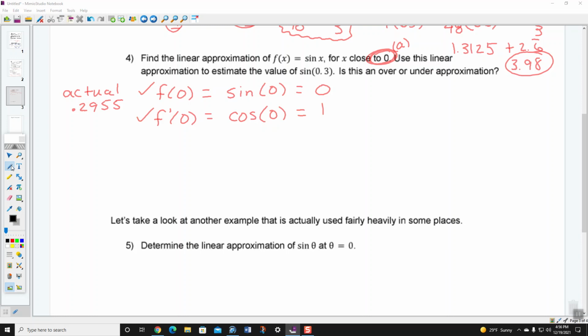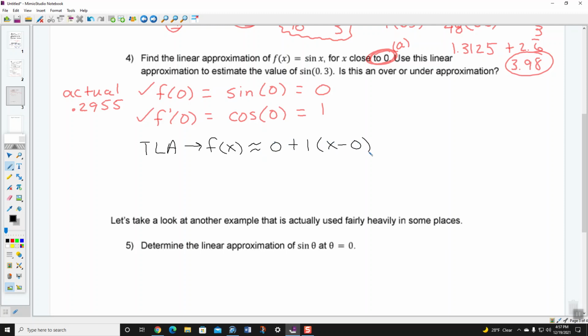Whatever you want to call it, you can call it, but I like tangent line approximation because it makes me sound smarter. So here we go. Tangent line approximation is the following. F of x will be approximately f of 0, which we already know is 0, plus f prime of 0, which we know is 1, times x minus 0.